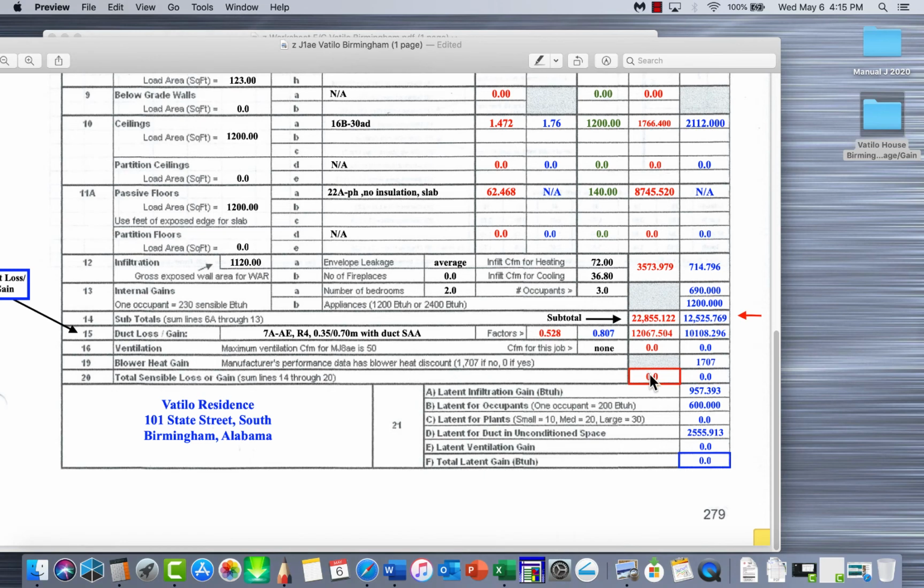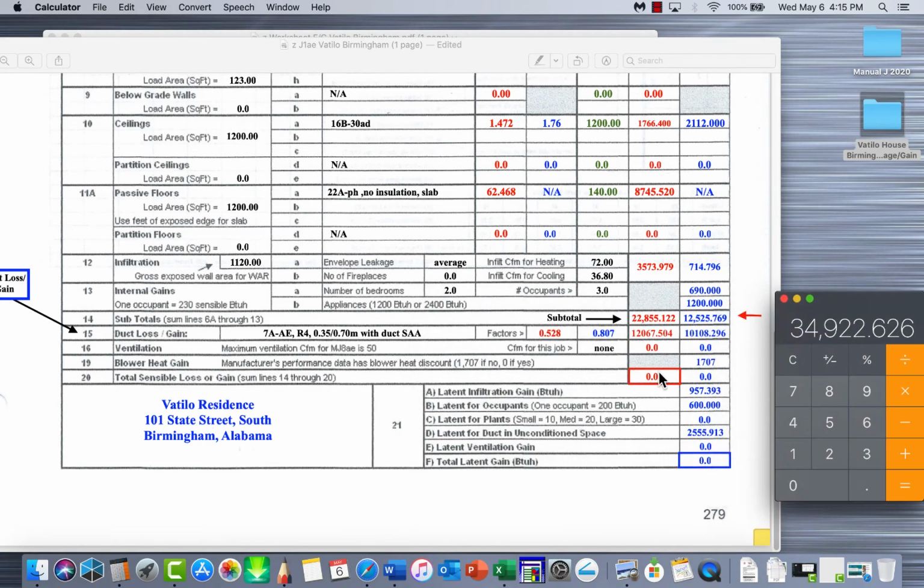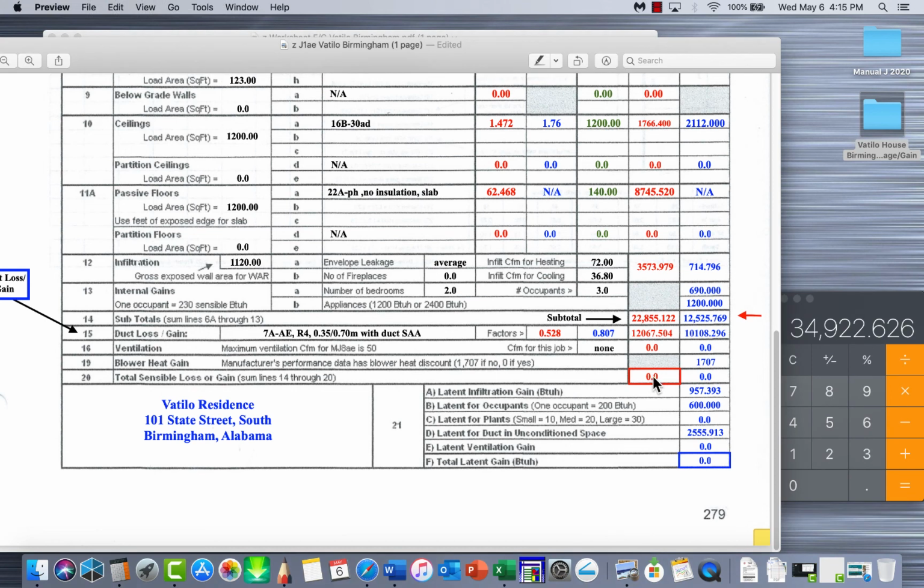Let's bring our calculator back up and move it over here where we can type on it. So that makes our heating total 3,492.626. And I just need to adjust this so it all fits in the box. There we go. Alright.